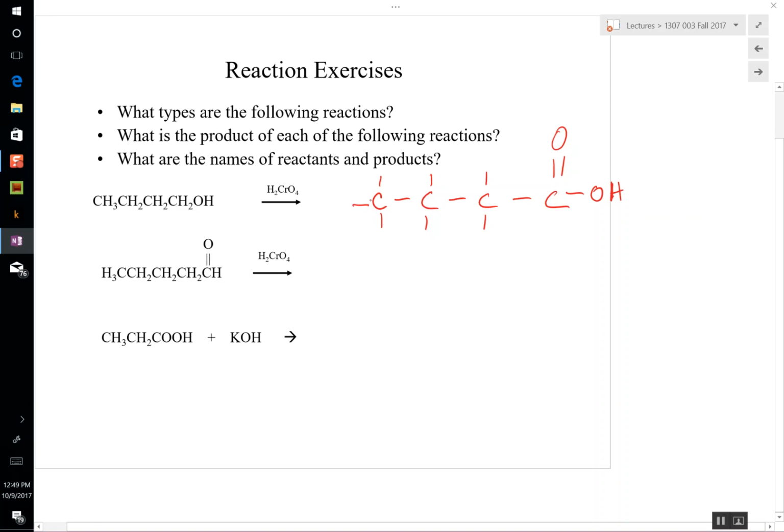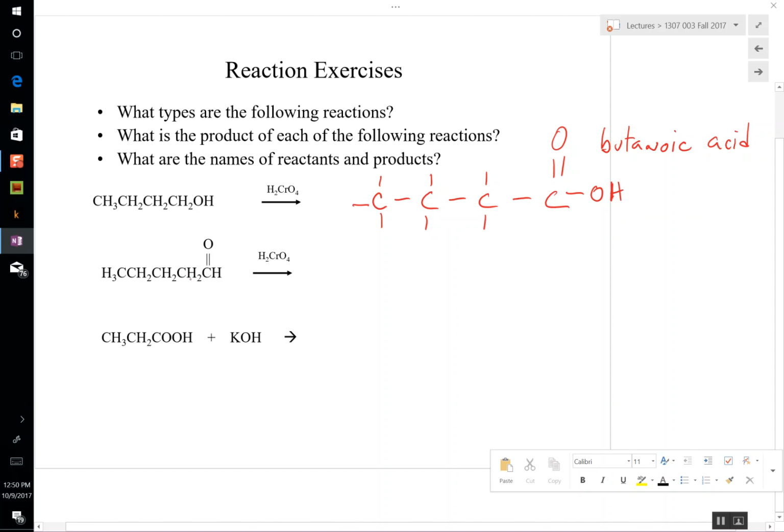It's not an aldehyde. Butanoic acid. Yeah, it would have first formed butanal and then butanoic acid. So it could form the aldehyde, but in this case we're carrying it all the way to the carboxylic acid.